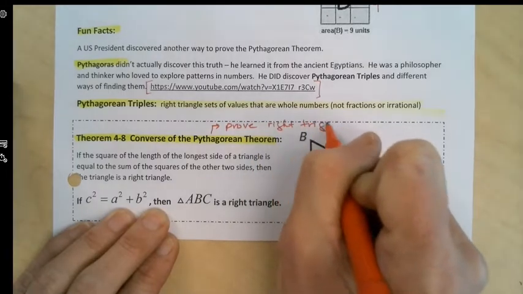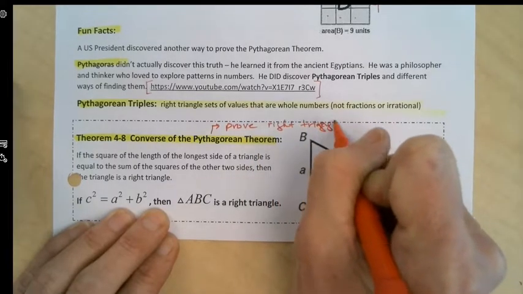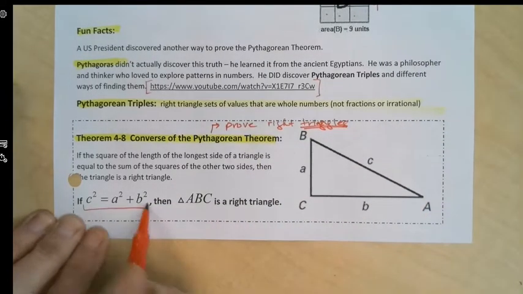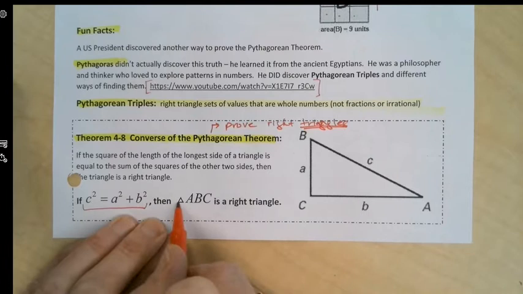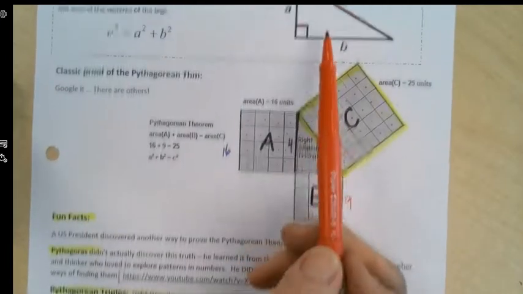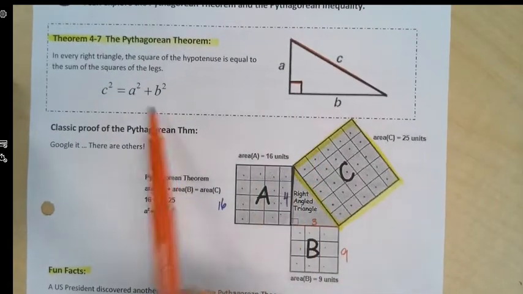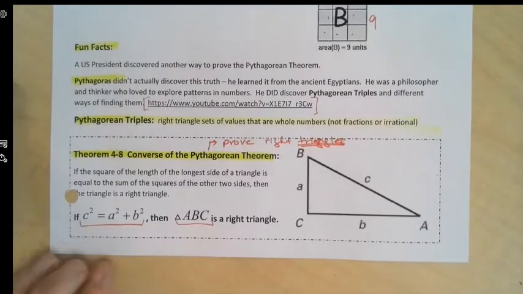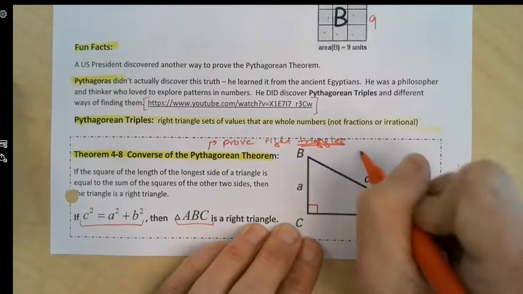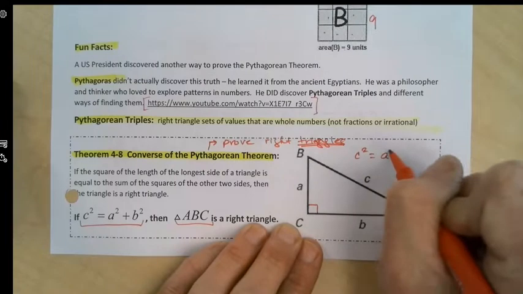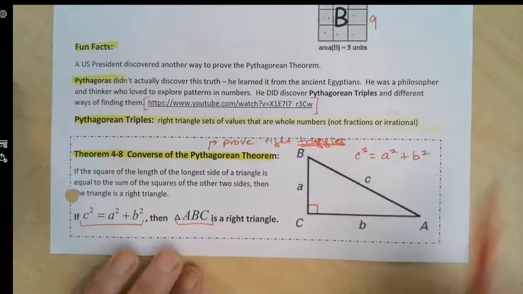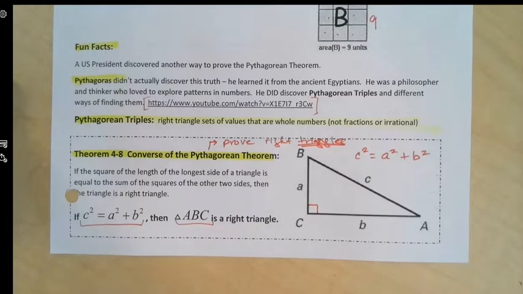So we're saying if this is true, then this is going to be a right triangle. Instead of saying we were given a triangle that was right, and now we know this is true, now we can use this opposite conversation and say, if you have this relationship where c squared is equal to the sum of the squares of the legs, then you can boldly say that that is going to be a right triangle.